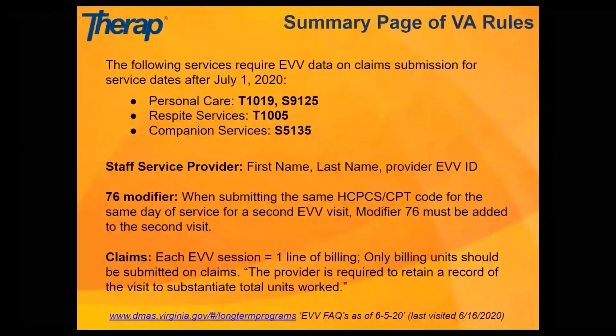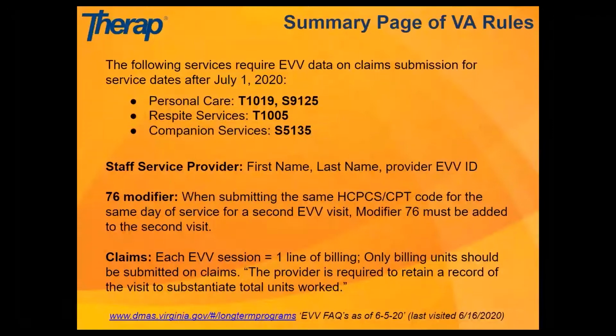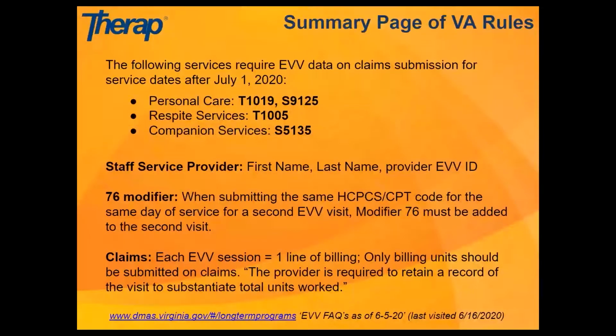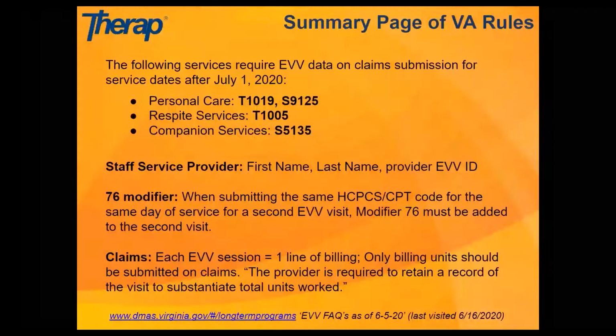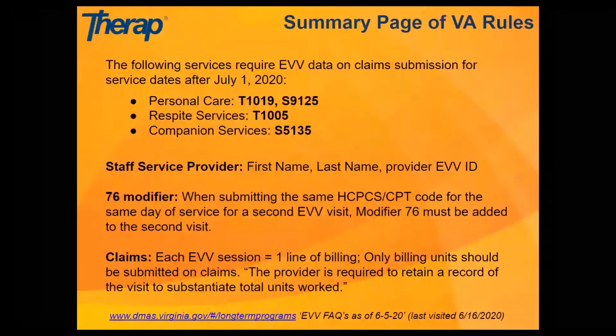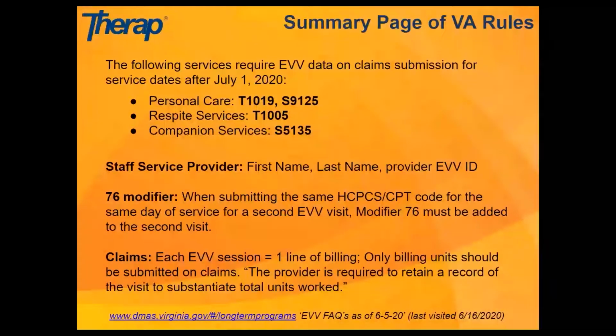Also, when you have multiple sessions in the same day, subsequent sessions are required to have a modifier of 76 on there. So that's going to be hard coded in our system. When you create multiple EVV sessions, say you have a session in the morning and then a session later in the afternoon, you don't have to put that modifier anywhere within the system.